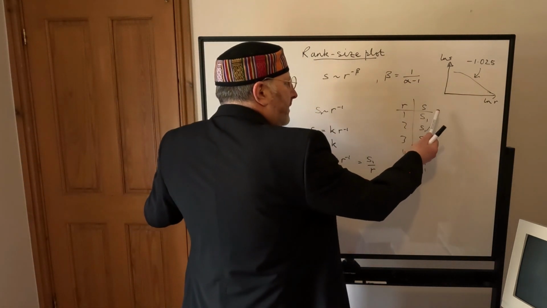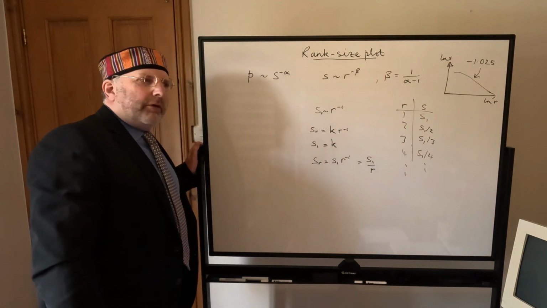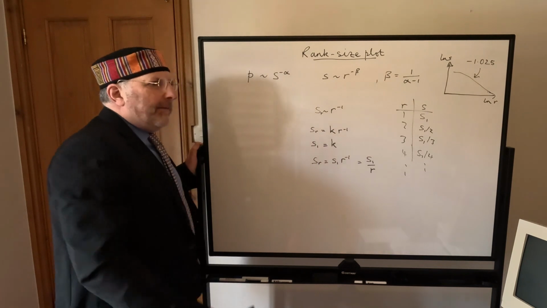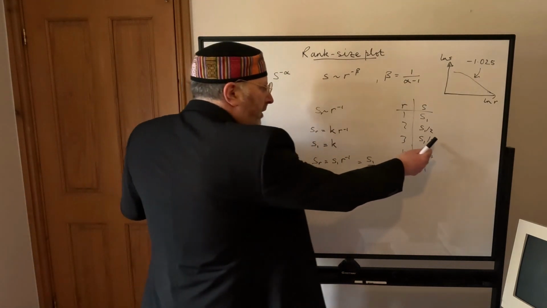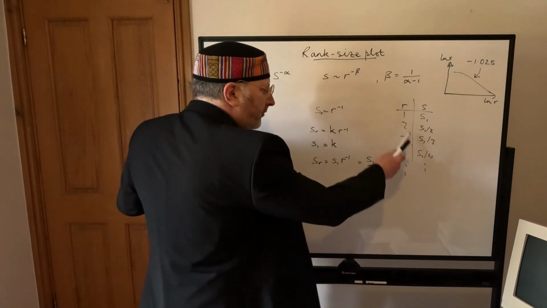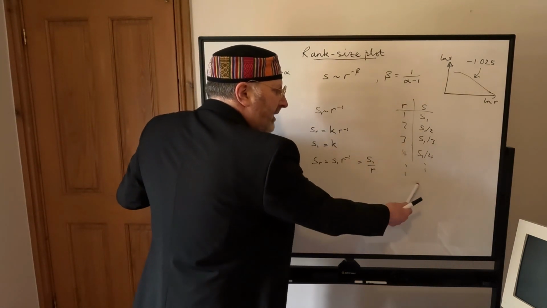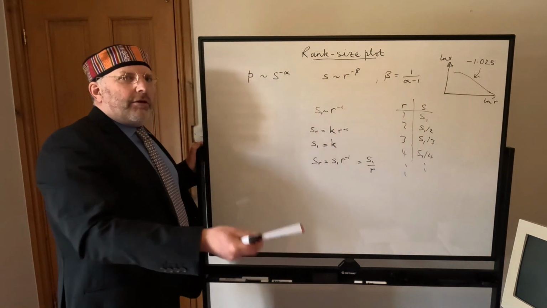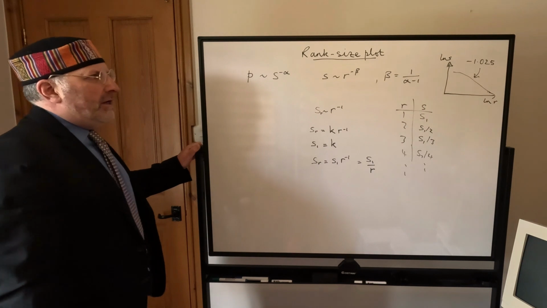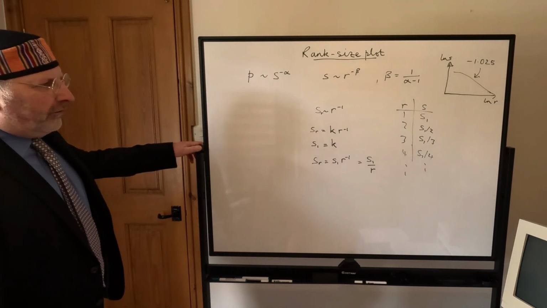Then Los Angeles was half the size of New York. And if Chicago was the third, then Chicago was a third the size of New York, and so on. And the city that came 10th in size was a 10th the size of New York, etc. So that is a Zipf law in the strictest sense.